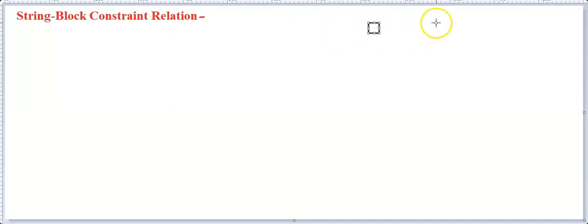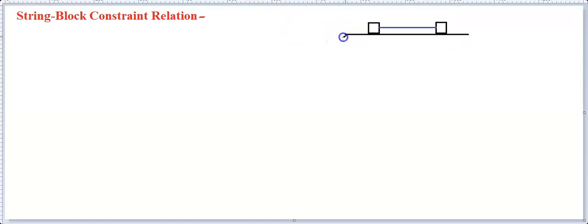Let's say this is one block and this is another block, and these two blocks are connected by a string, a massless string. Now the motion of these two will be constrained, that means they will be dependent on each other. So we need to see how they are depending, and how we can find this relation of constrained motion.